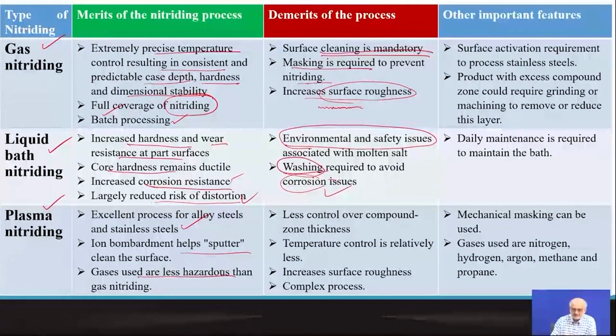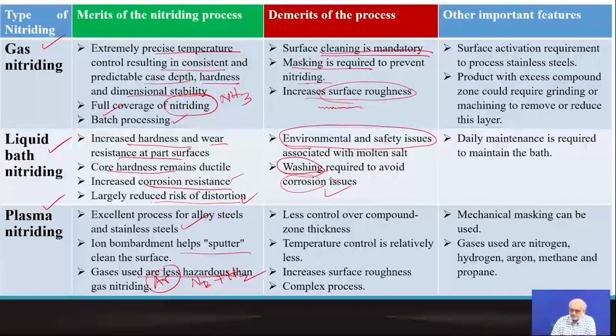And you don't use any hazardous gas at all. You use only a hydrogen-nitrogen mixture, unlike in gas nitriding where you use ammonia. And before that, you could also have certain sputtering done by argon.